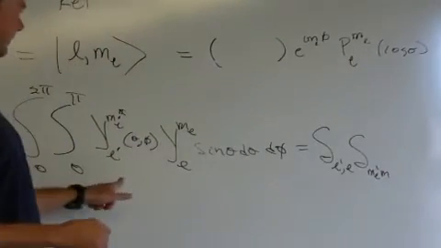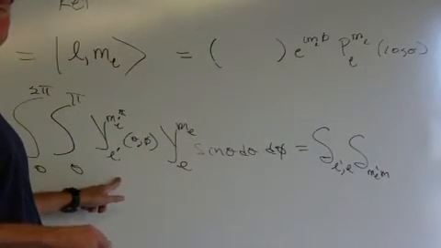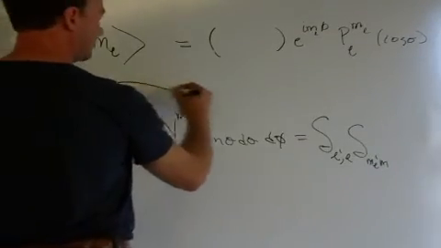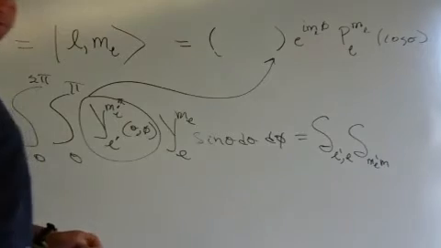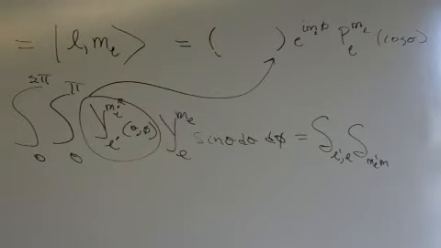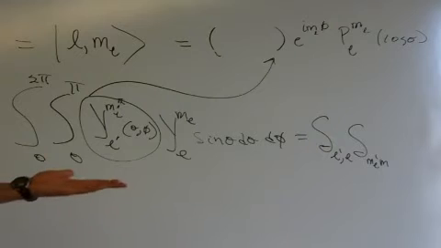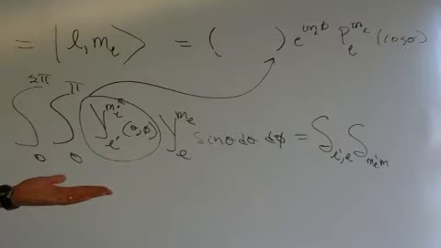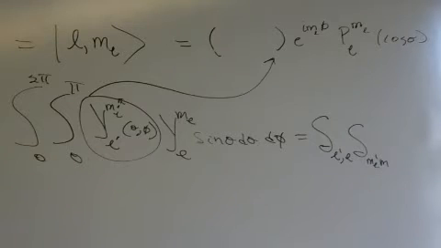By the way, for this nasty integral, you would have to put in the explicit forms of these spherical harmonics, where the e's would want to cancel each other out, because one's e to the plus and one's e to the minus, if M_L prime equals M_L. But if they're not, you can't cancel out no matter what. The delta function says they have to be the same, otherwise the integral vanishes.